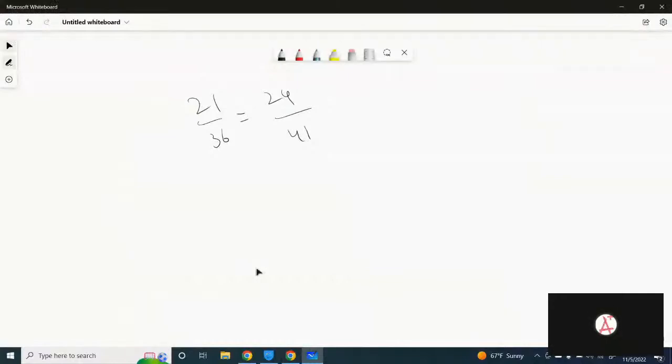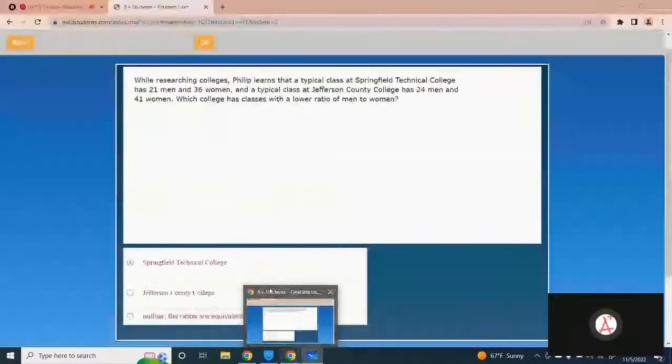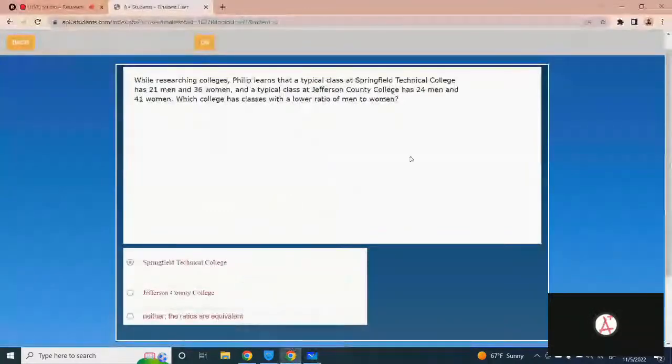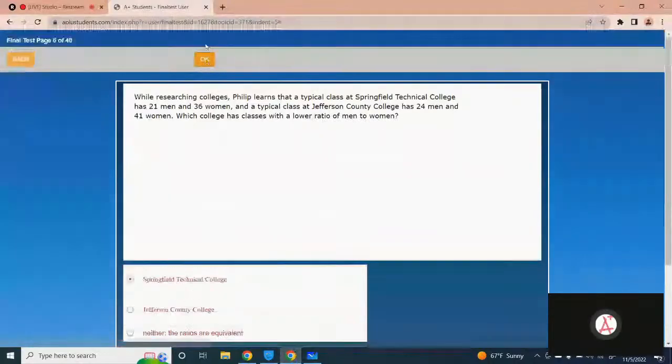Just cross multiply them. It would be 21 times 41, which is 861, and 36 times 24, which is 864. That means they are not equivalent, so Springfield has the lower ratio. Got it. Just select the correct option, then click on the OK button.